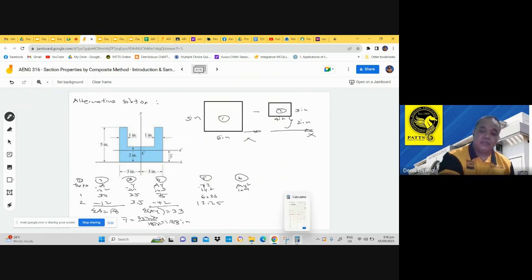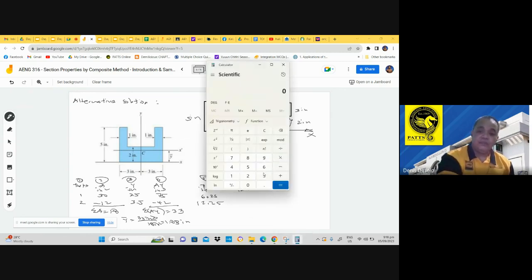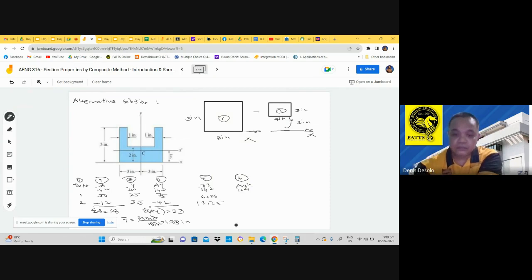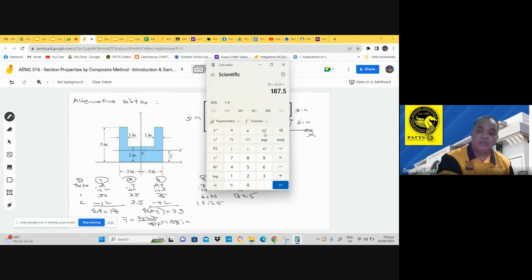First is 30 times 6.25, so that is 187.5. Then we have negative 12 times 12.25.